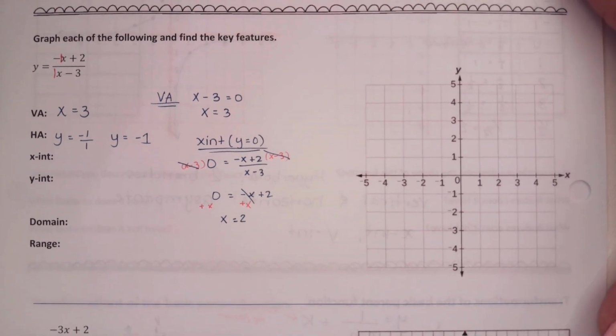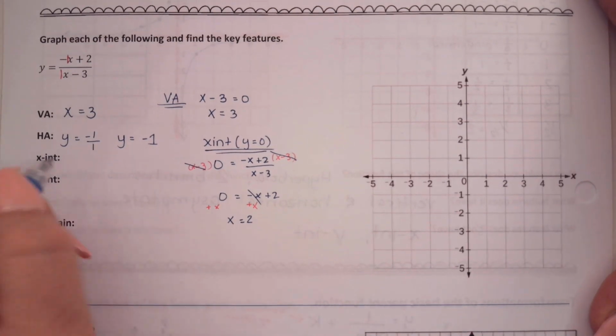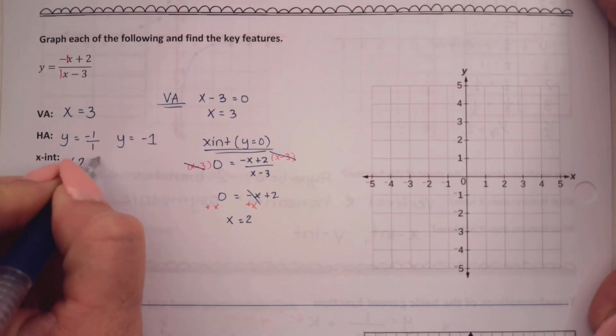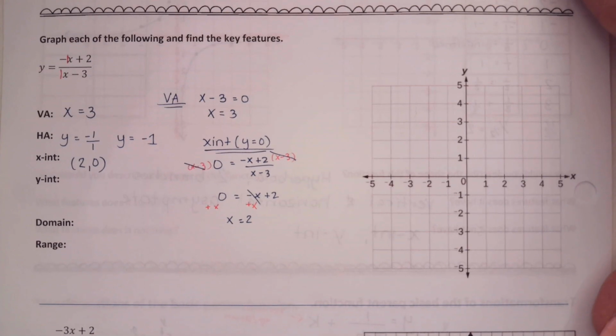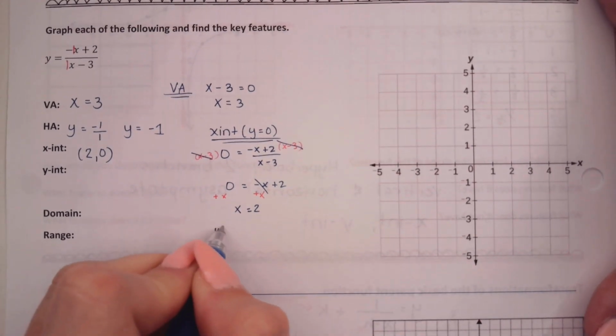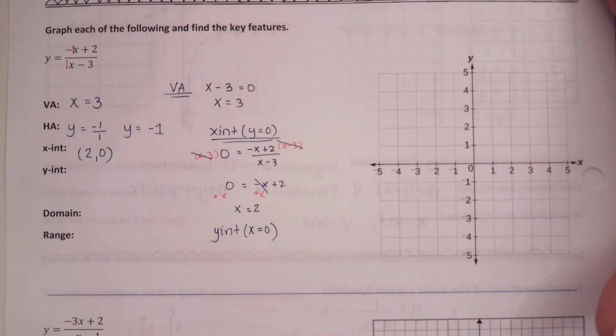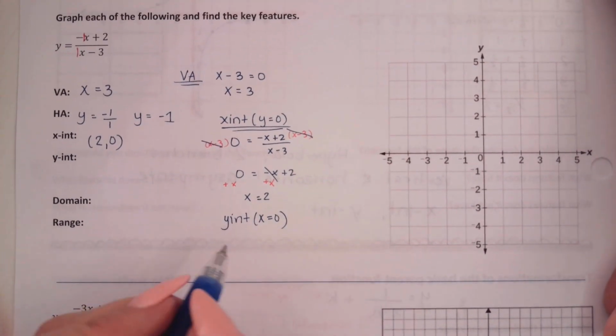As a point, what would that be? Because the x-intercept is a point. 2, 0. Very good. 2, 0. Good. How do I find the y-intercept of any function? That x equals 0. Good. Which basically means I get to plug in 0 for this one.